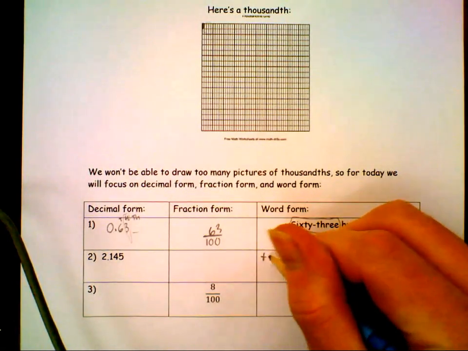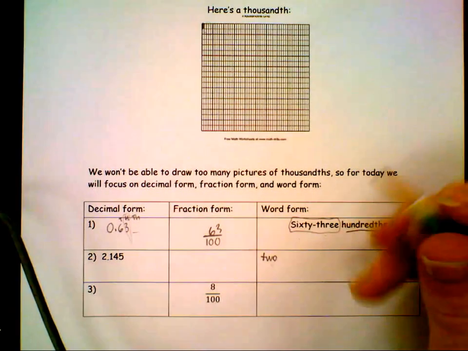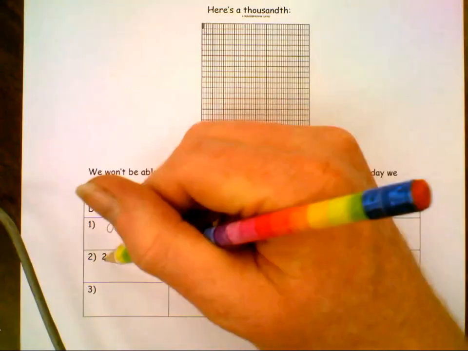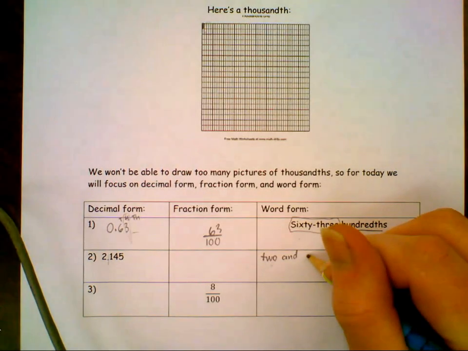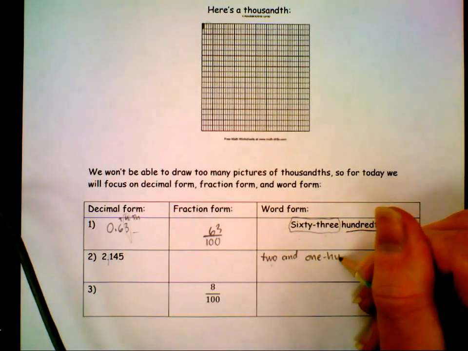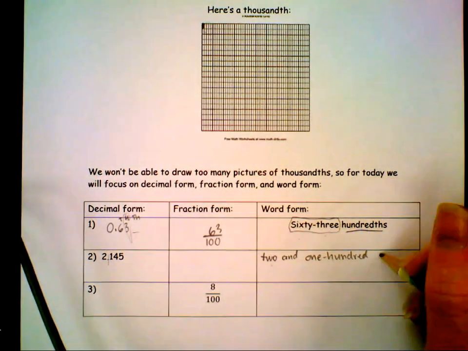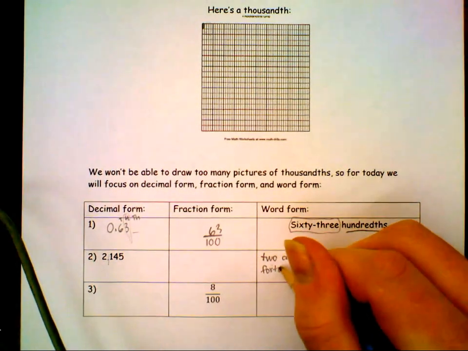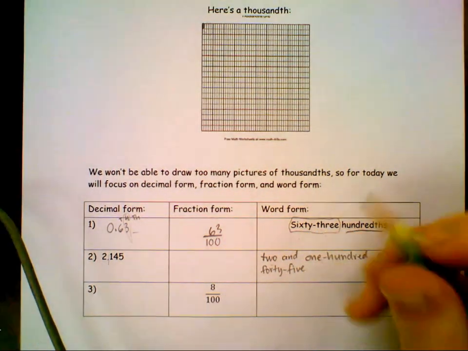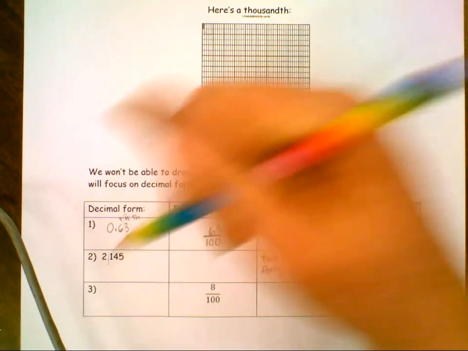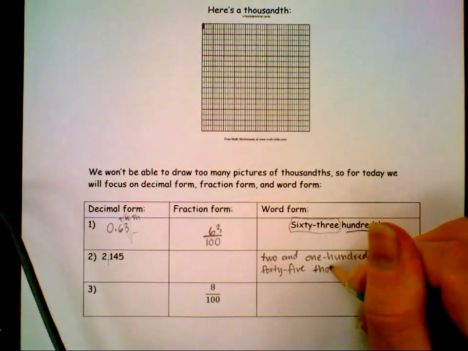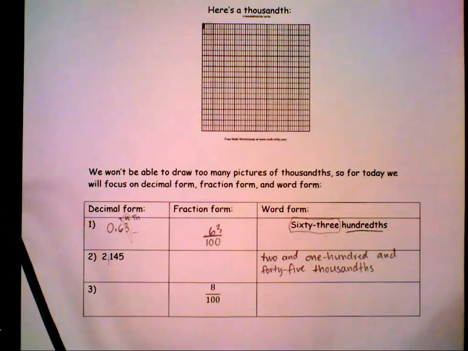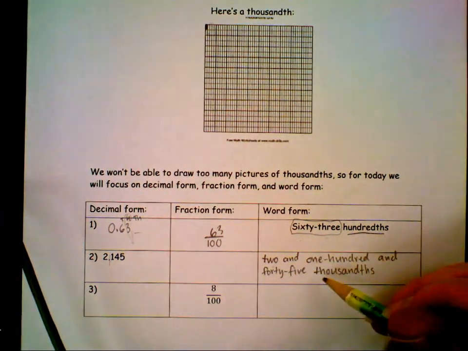So we have 2, and that represents the whole number, then the decimal, in this case 145, tenths, hundredths, thousandths. It's a lot. We used 2 lines to write that out.